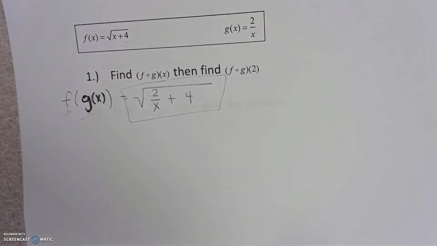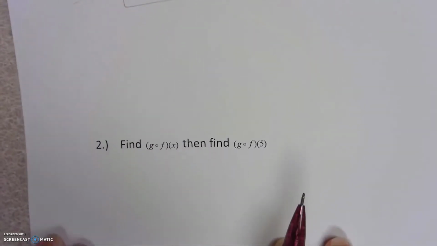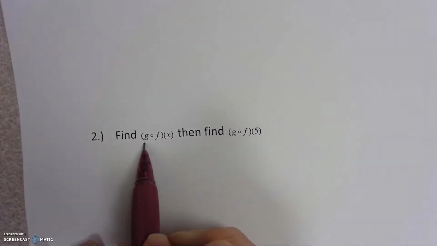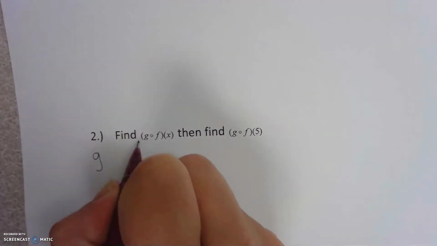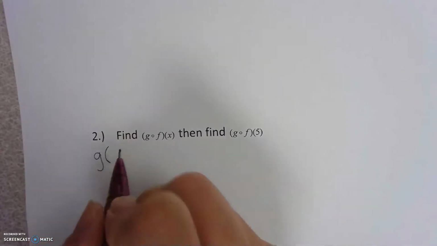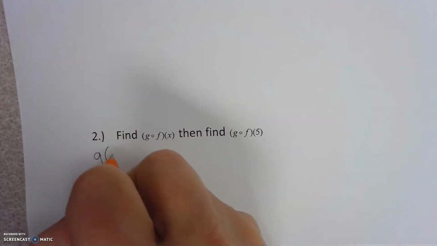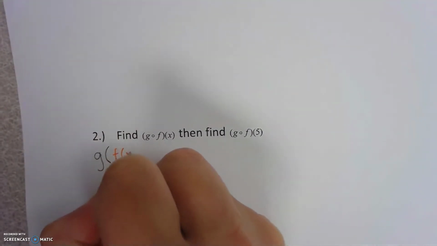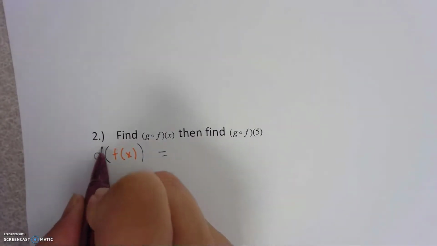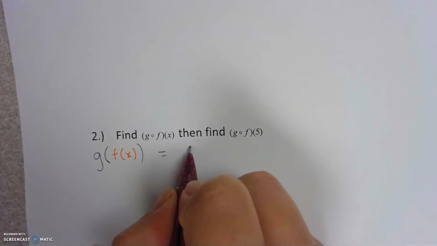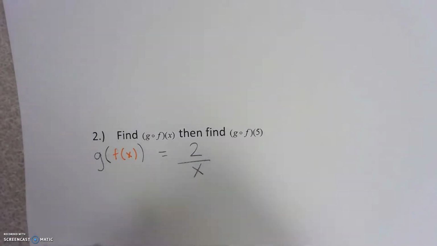Alright, let's try number 2. Find g of f of x, or g composite f of x. We're going to plug f of x into g. So I would take the function g and write it down, which is 2 over x.